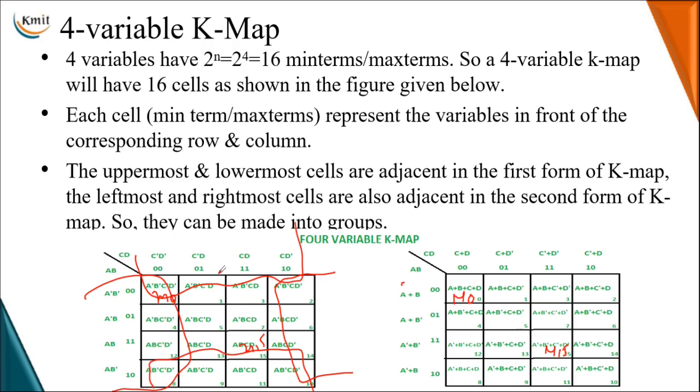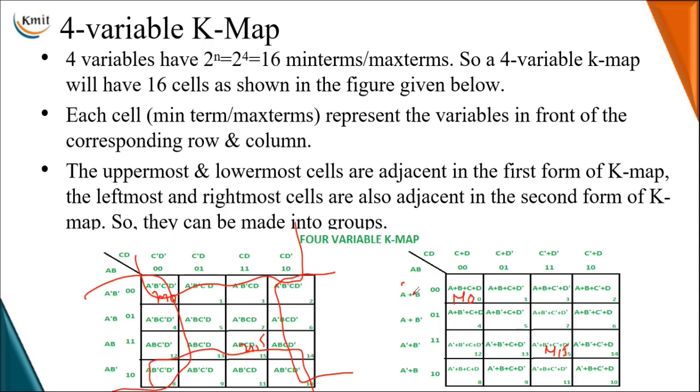As with a paper, if we fold the edges, the topmost is adjacent to the lowermost, and the right side edges and left side edges are adjacent. In the same manner in a K-map, all the uppermost cells are adjacent to the lowermost cells, and the rightmost cells are adjacent to the leftmost cells. In the same manner in maxterms also.